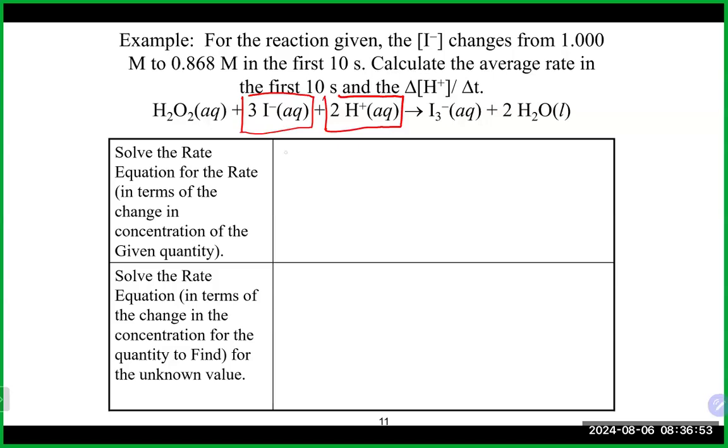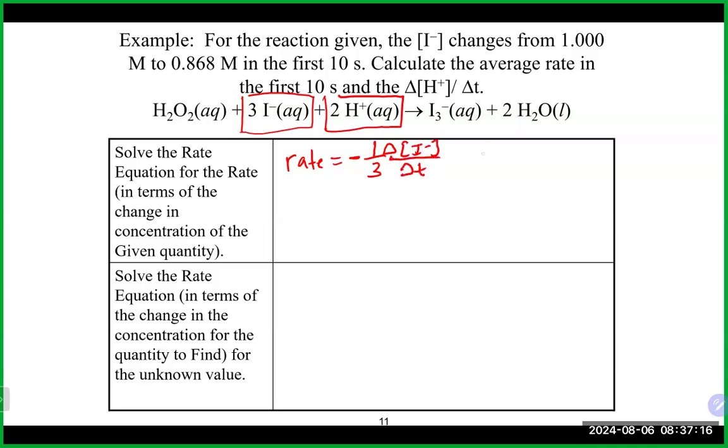So just writing our normal rate expressions, we could write that the rate is equal to, and again, I minus is a reactant, so it should be negative, 1 over the coefficient, which is 1 over 3. That's going to take into account the stoichiometry, the change in the concentration of I minus over the change in time.